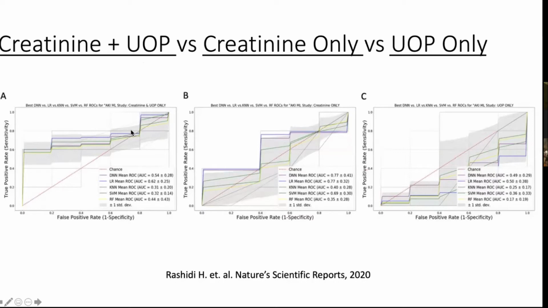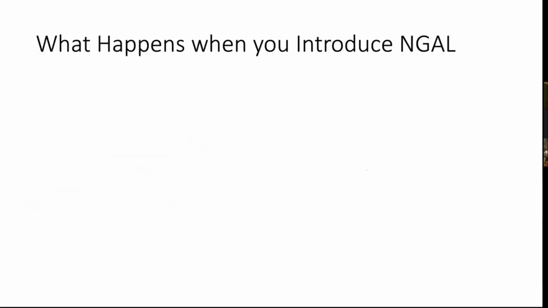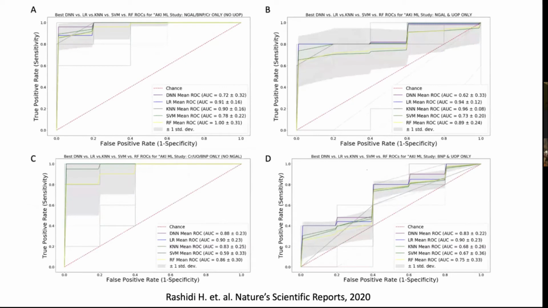When you combine them, they do slightly better, but still not good. And that explains the 50s sensitivities that you see. So that matches the literature. But when you introduce NGAL, with machine learning you all of a sudden see a gigantic bump in their performance.